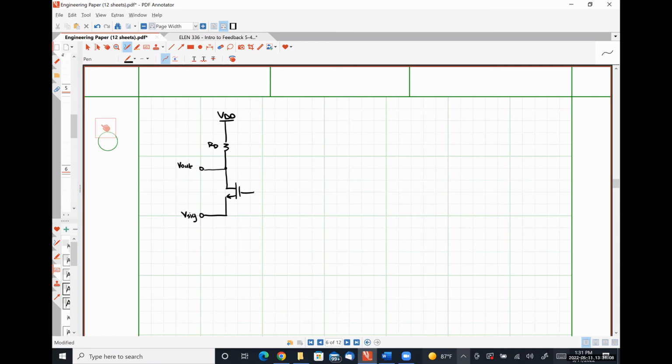We are going to include feedback by putting the resistor R1 here. And then here is our other biasing resistor, R2.